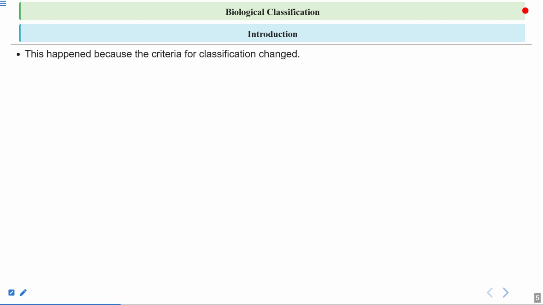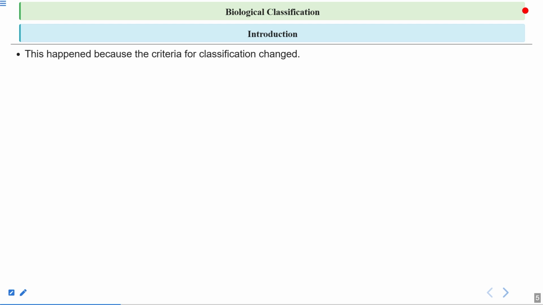Aristotle's classification had some scientific basis, and he divided living organisms into 2 groups. One was the organisms containing red blood. The other group he made was of organisms that didn't have red blood.